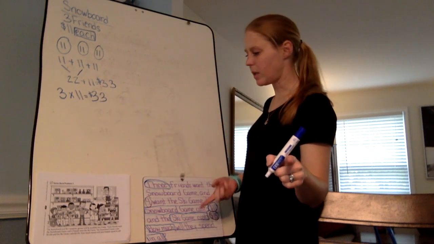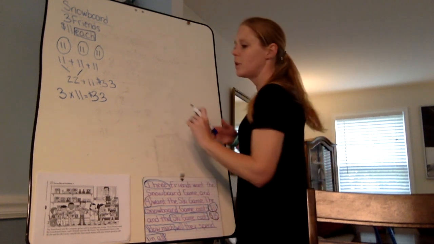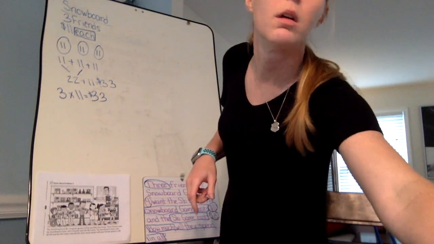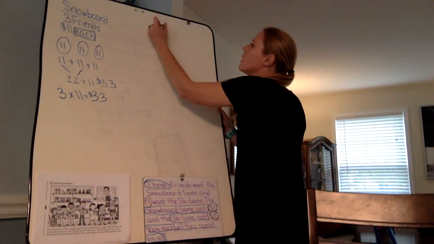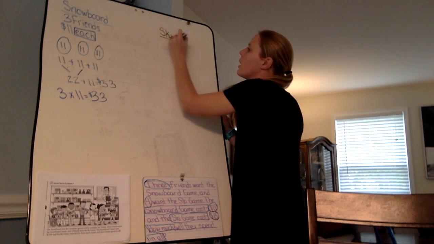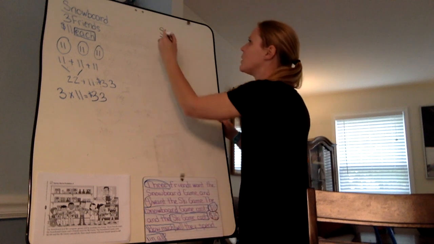But I'm not done yet, because I've still got all those friends that want the ski game. So I'm going to do my ski game on this side, and I'm going to use the other color. All right, ski. And let's see, how many friends wanted that? Oh, 4 wanted the ski.